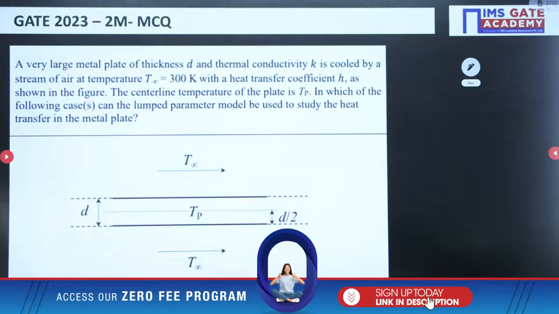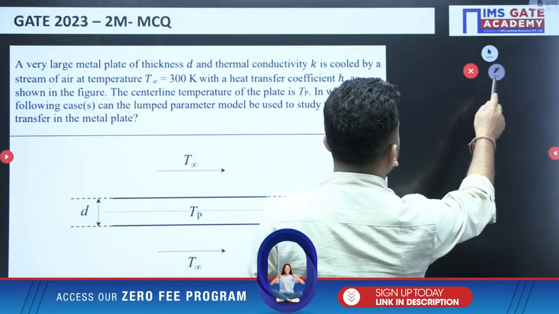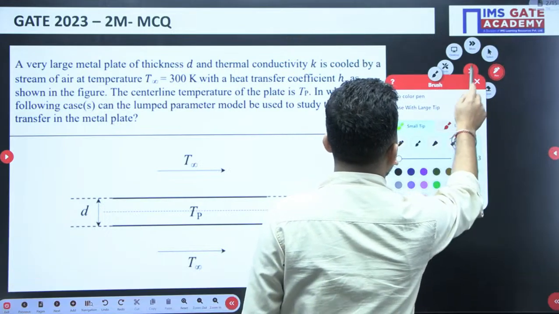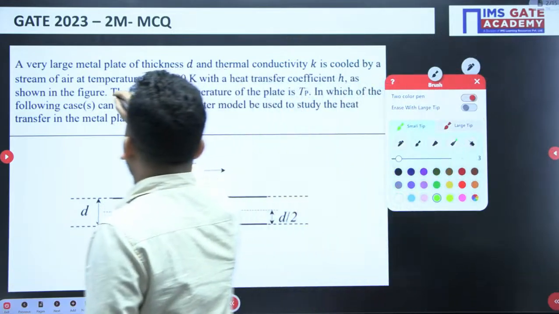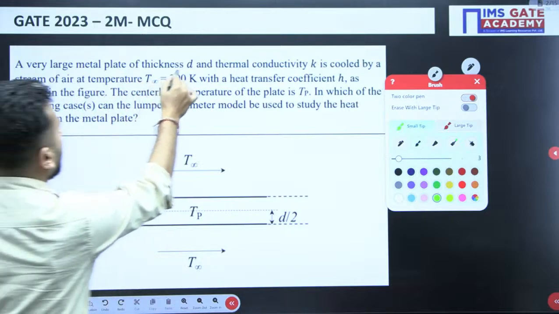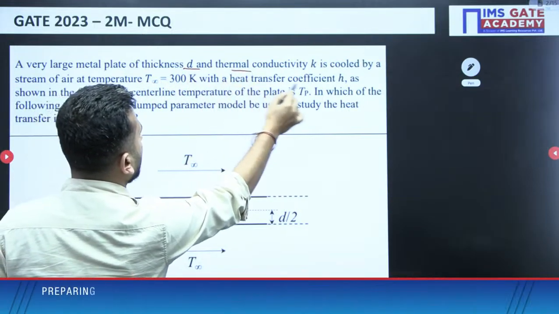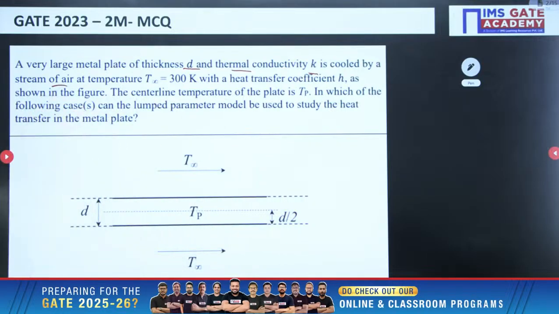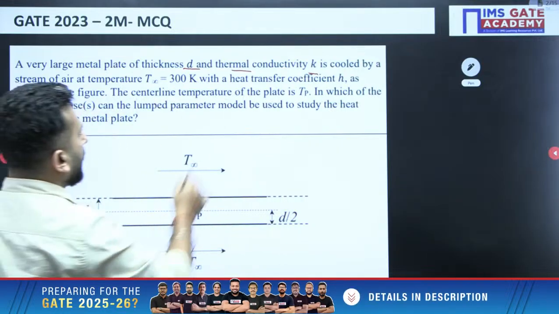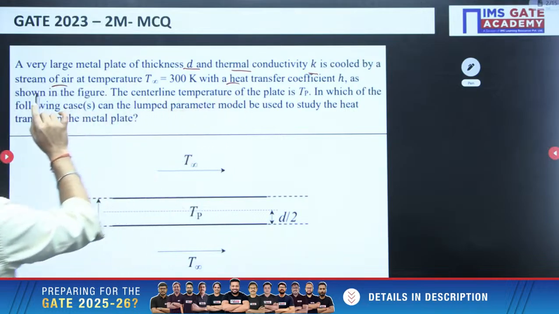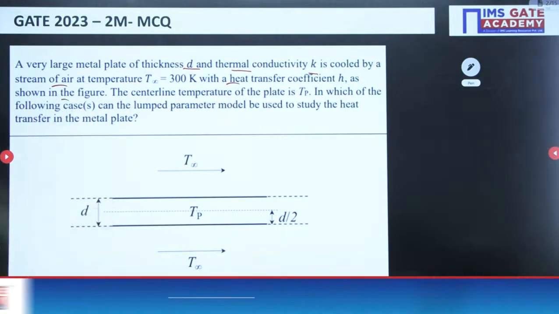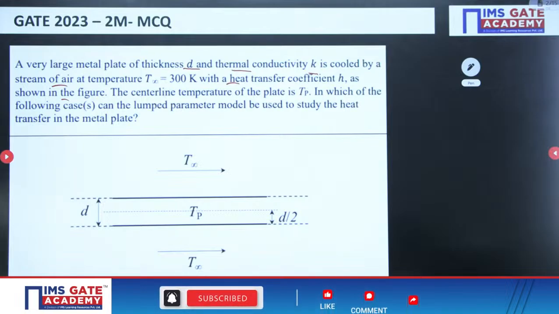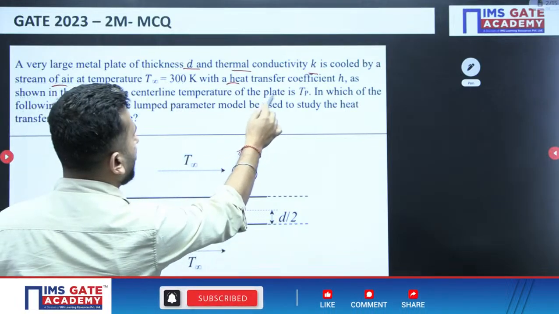So this is an HT question. The question says that a very large metal plate of thickness D and thermal conductivity K is cooled by a stream of air at temperature 300 Kelvin with a heat transfer coefficient H as shown in the figure, right. The center line temperature of the plate is Tp.